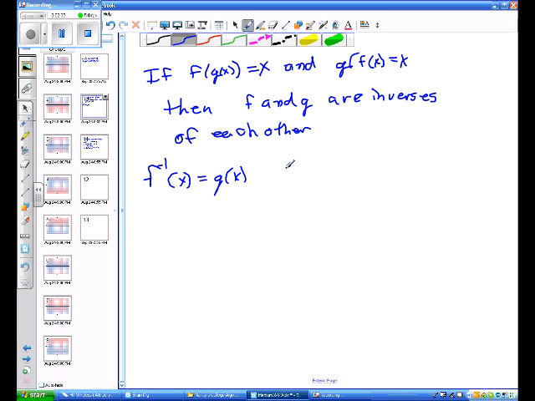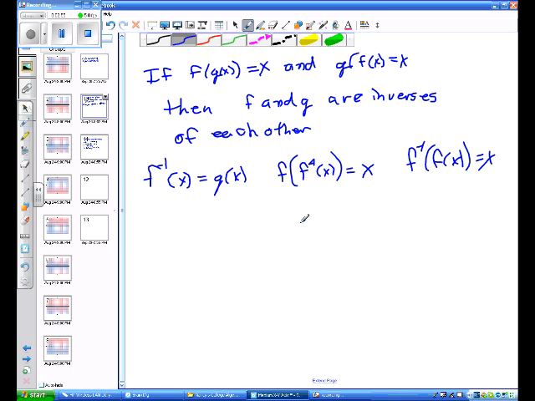And if we took f of the f inverse of x, then we're going to get x. And if we did the f inverse of f of x, we would get x.